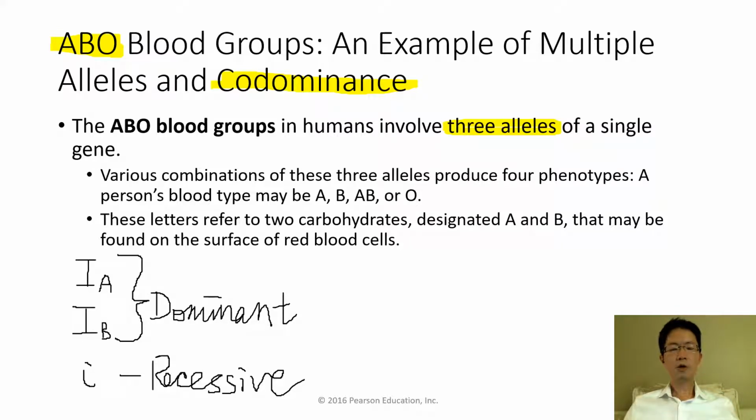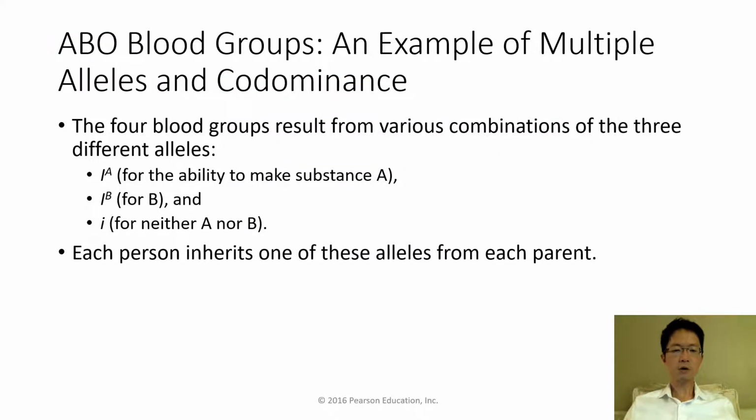In the next slides, I'll also explain what we mean by blood type A, blood type B, okay? Oh, okay, it shows in here. As you can see, IA is a dominant allele, IB is dominant, and i is recessive.